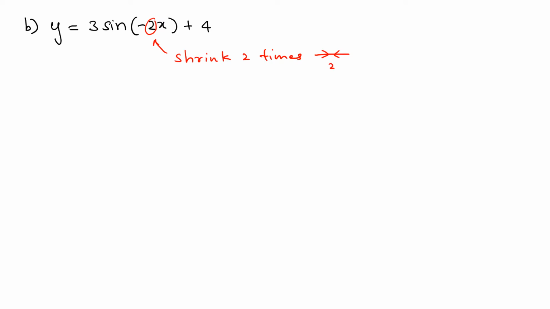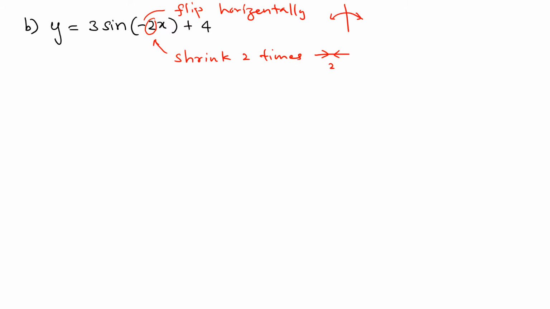And then the negative sign flips the graph. You can see it flips over the y-axis, so it flips horizontally.